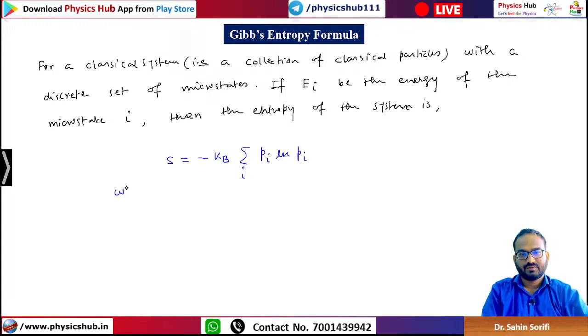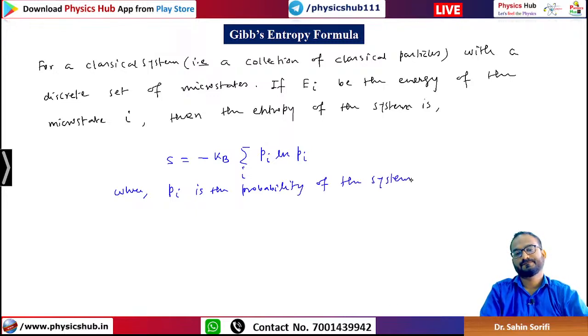Where, what is this Pi? Pi is the probability of the system being in the ith level.